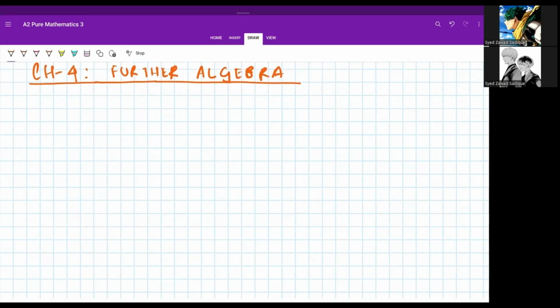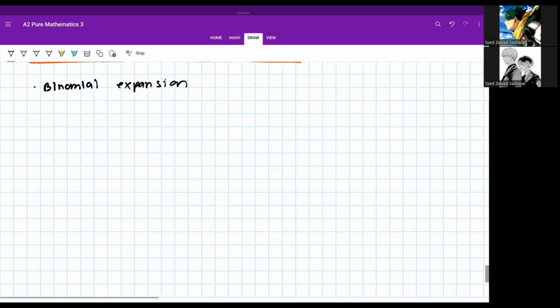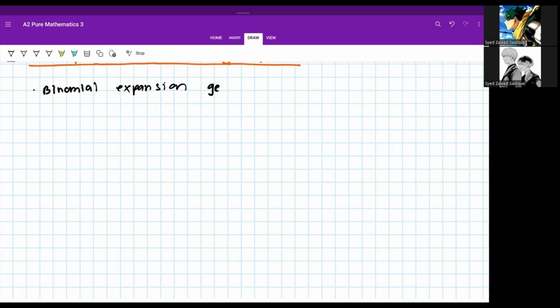Now, in further algebra, we have two things. We have binomial expansion. Okay, we have binomial expansion, the general formula.